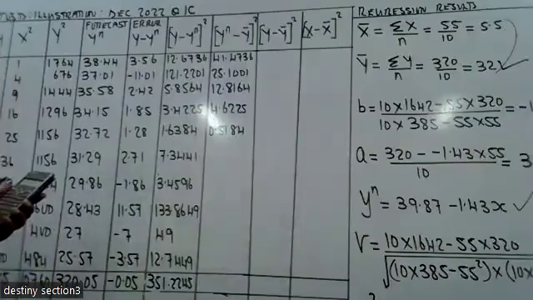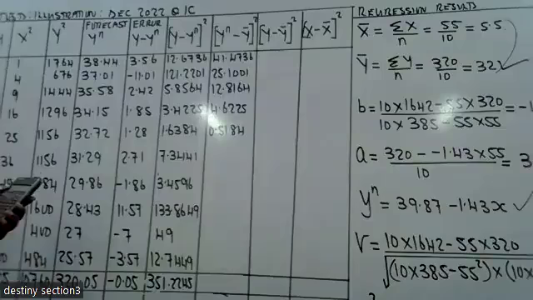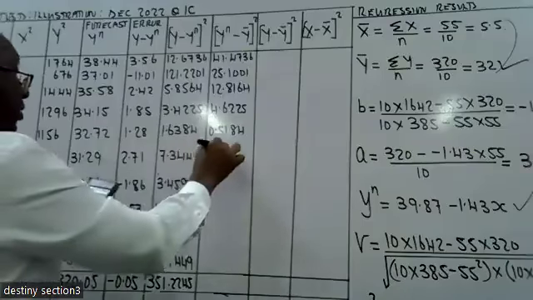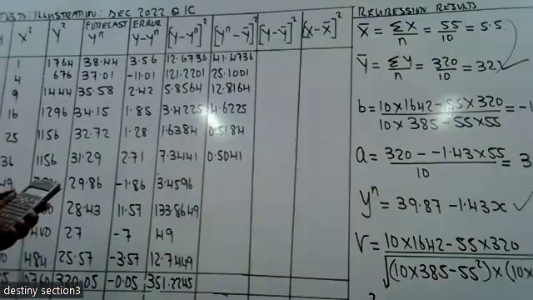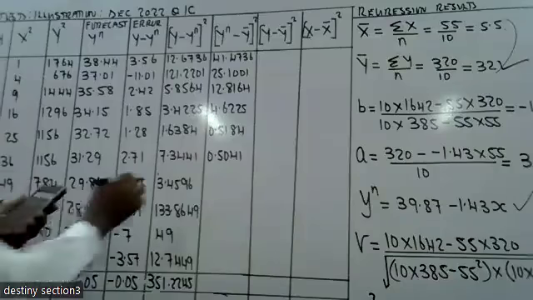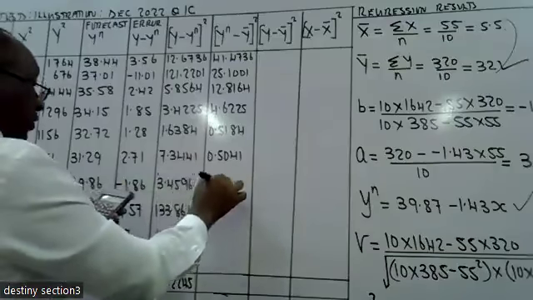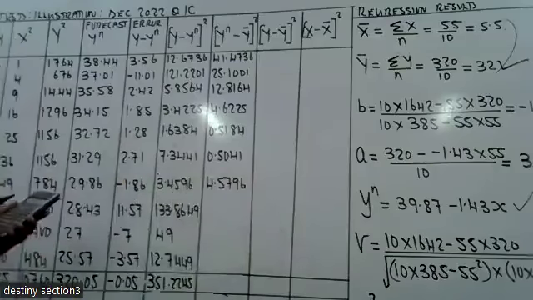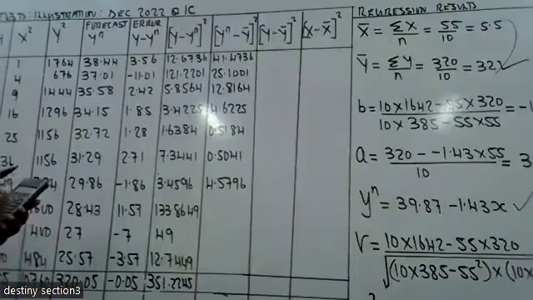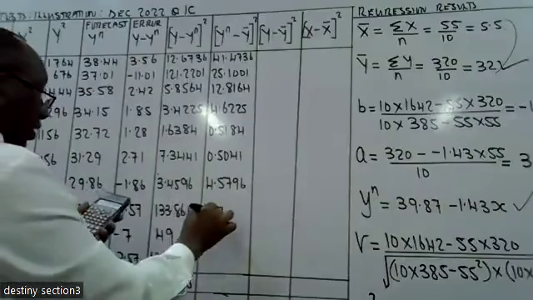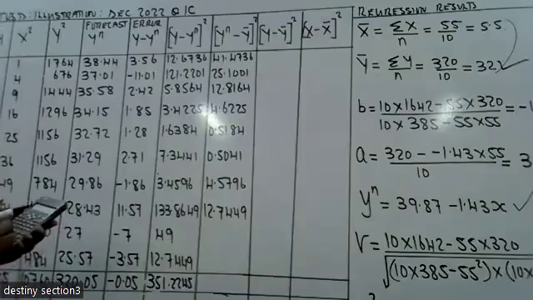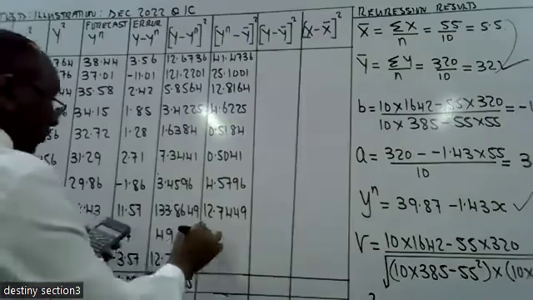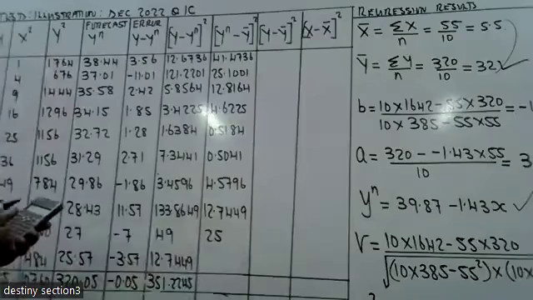That 1.29 minus that 2, you square the value, you get 0.5041. 29.86 minus that 2, you square, you get 4.5796. 28.43 minus that 2, you square, you get 12.7449. 27 minus that 2, you square, you get 25. 25.57 minus that 2, you square, you get 41.3449.